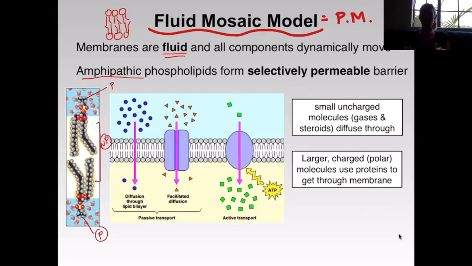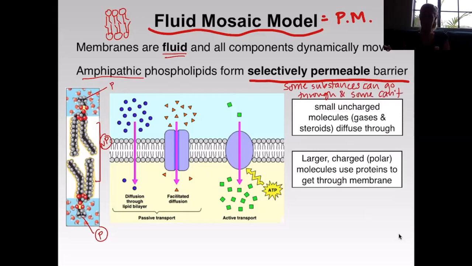The amphipathic phospholipids create what is called a semi-permeable barrier, where some substances can go through it and some can't. So some substances can go right through that plasma membrane and others cannot.